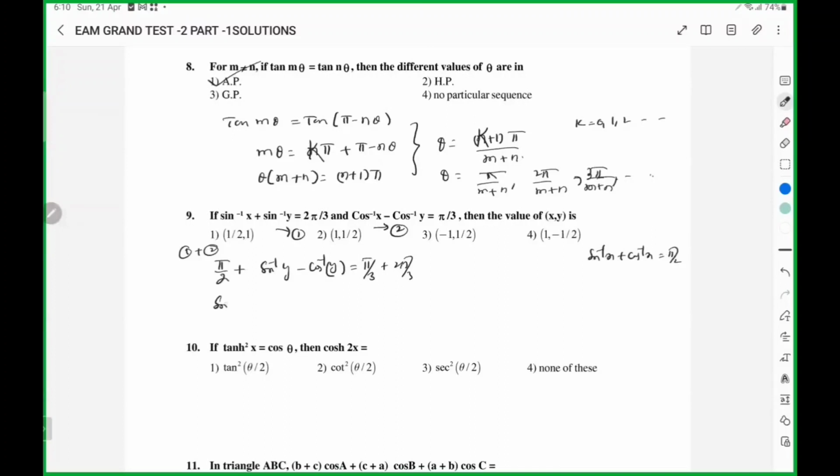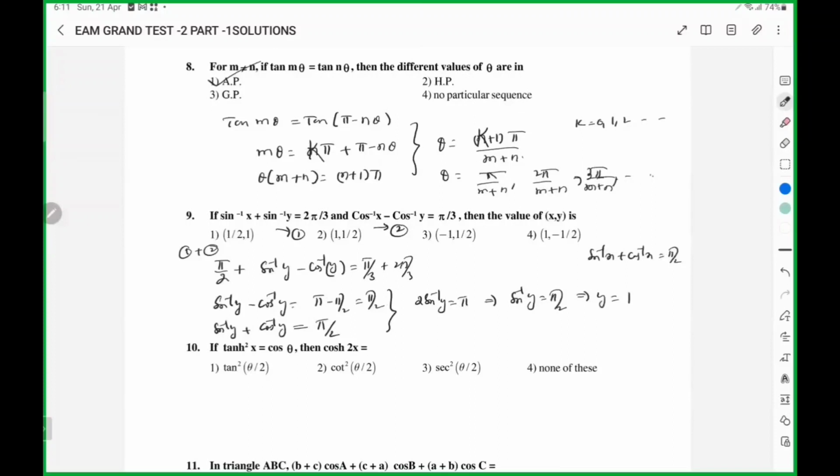So sin inverse y minus cos inverse y is pi minus pi by 2, which is pi by 2. Sin inverse y plus cos inverse y is pi by 2. Adding this, 2 sin inverse y here is pi. Sin inverse y here is pi by 2. y is sin 90, which is 1.